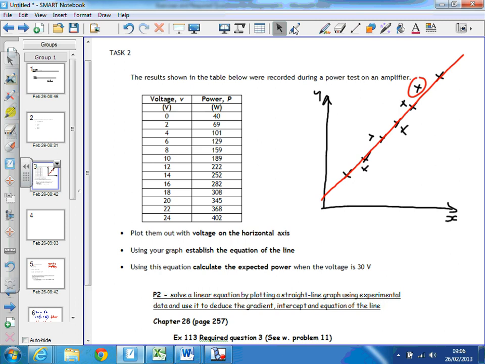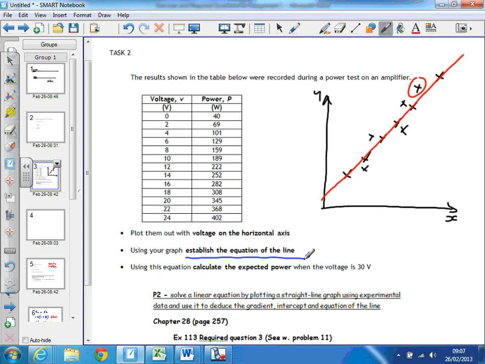What you're now asked to do is to establish the equation of that line and use the equation to calculate the expected power when the voltage is 30 volts. So what I'm after in this task is for you to plot the graph, to label the axes, putting the voltage on the horizontal axis and the power on the y-axis, establish the equation of the line and state what that is, and we'll talk about what we mean by the equation of the line, and write that down.